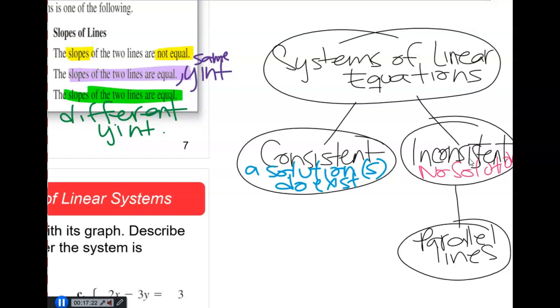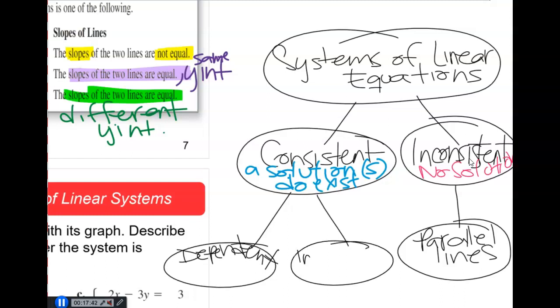Consistent systems, we can divide into two categories. One of them will be called dependent and the other one will be called independent.